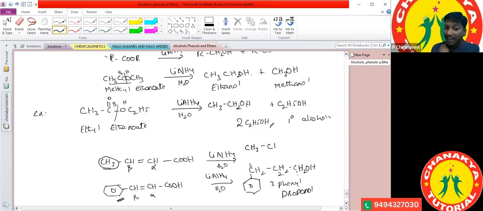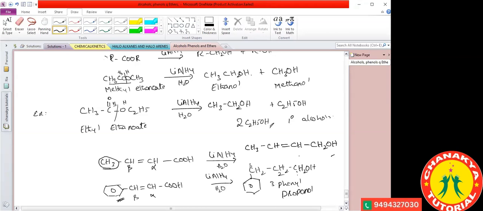So it is not going to be reduced. CH3-CH=CH-COOH reduces only the carboxylic acid, which is converted into the alcohol, CH3-CH=CH-CH2OH. This is the answer. Got the clarity?